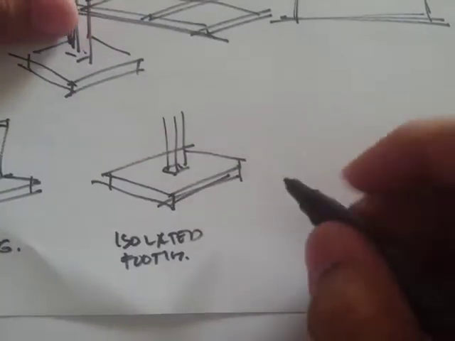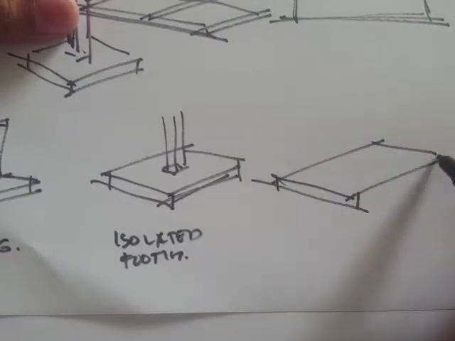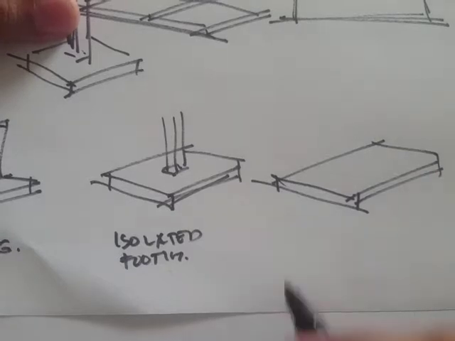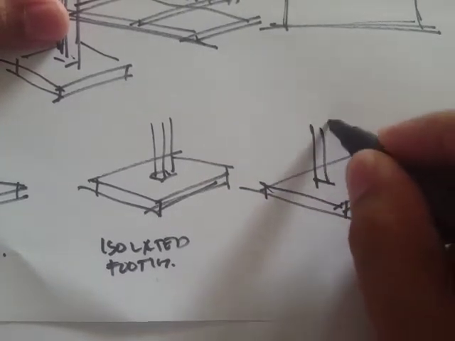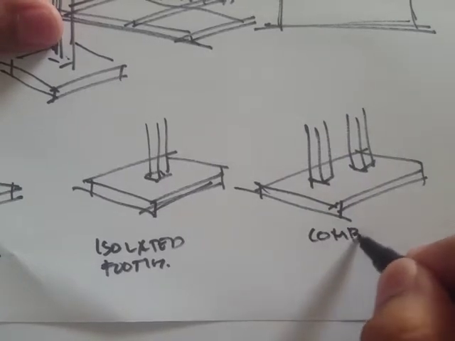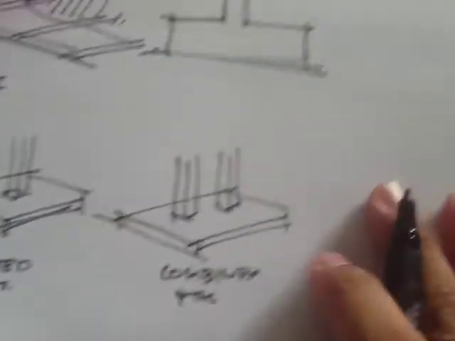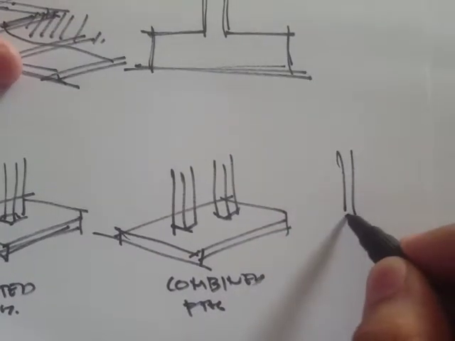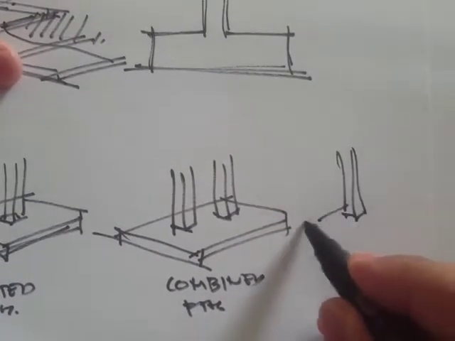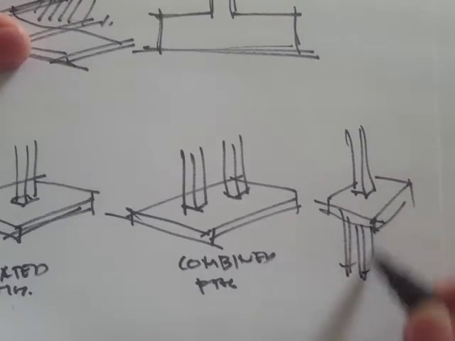And if a footing is supporting multiple columns, that's going to be a combined footing. And the last one here that we'll discuss is termed the pile caps.